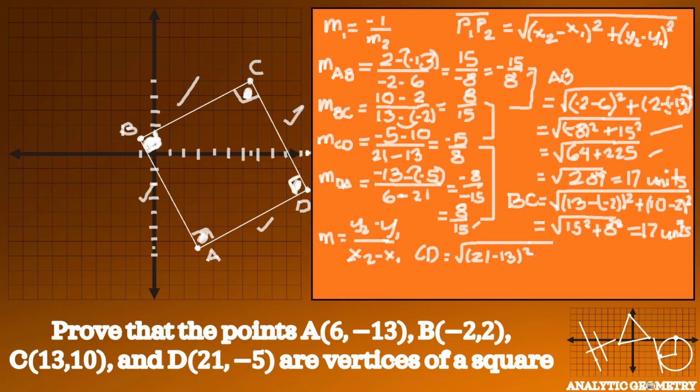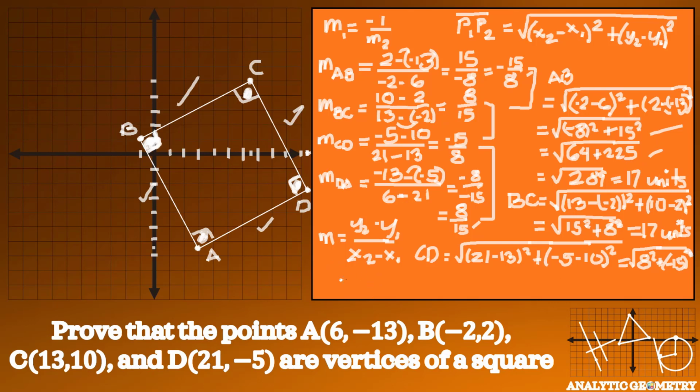You square that, plus your y sub 2, which is negative 5, minus your y for your C rather. This is square root of 8 squared plus negative 15 squared, which is still the same value here.